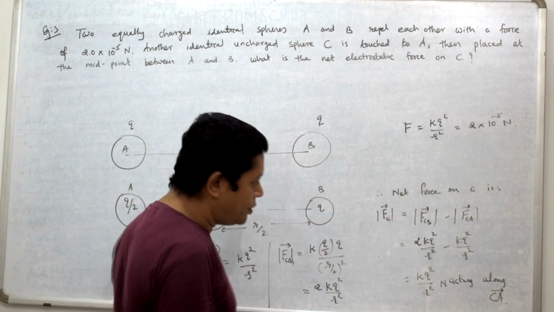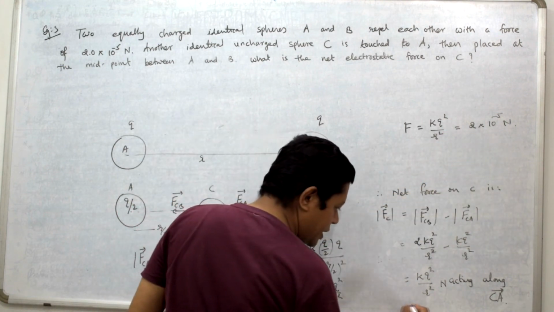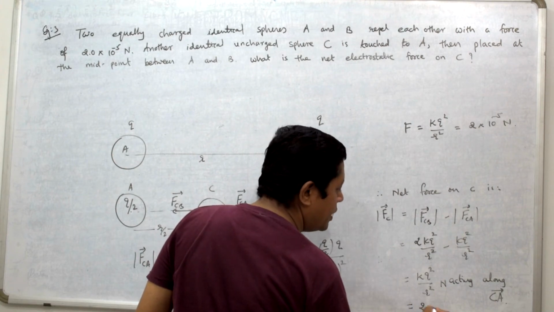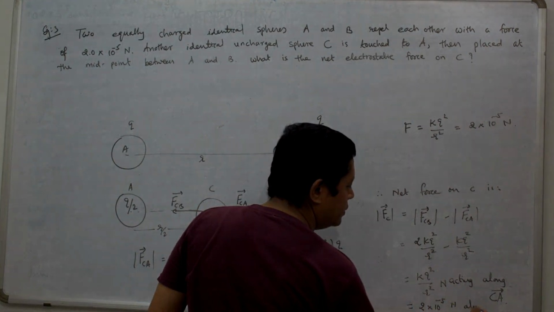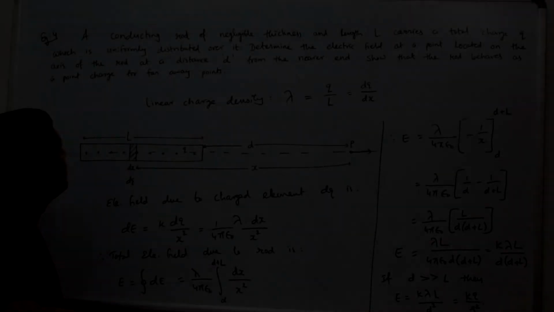It is 2 into 10 to minus 5. So the resultant force is 2 into 10 to minus 5 Newton along C.